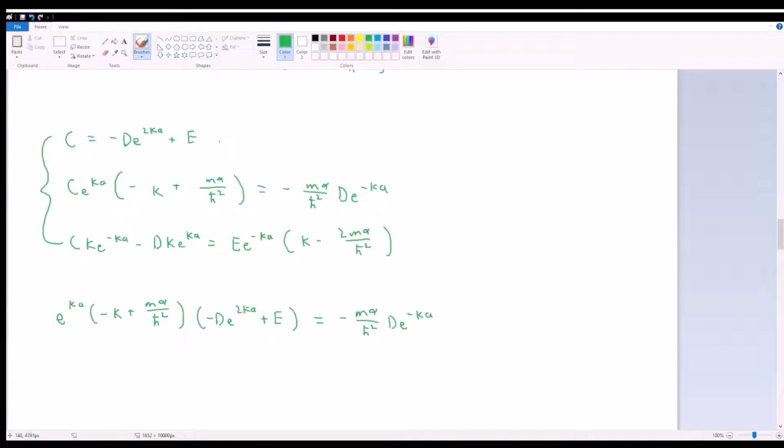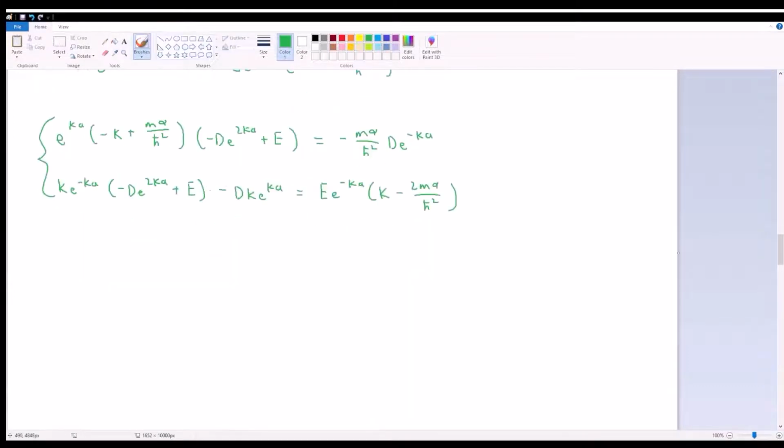And then we have k times e^(-ka) multiplied by C, which gives us negative D e^(2ka) plus E, minus Dk e^(ka). This gives us E times e^(-ka) multiplied by k minus 2m alpha divided by h bar squared. And this is now a set of 2 equations.